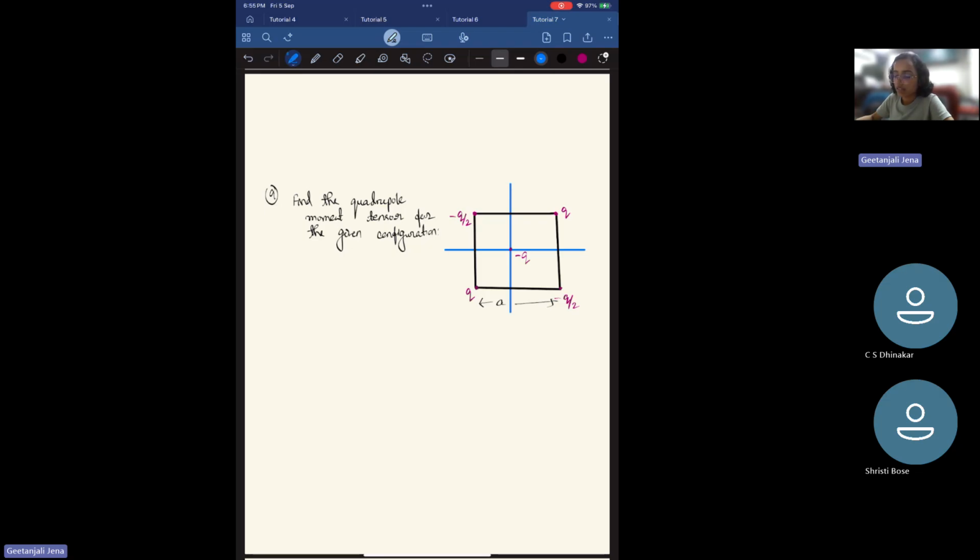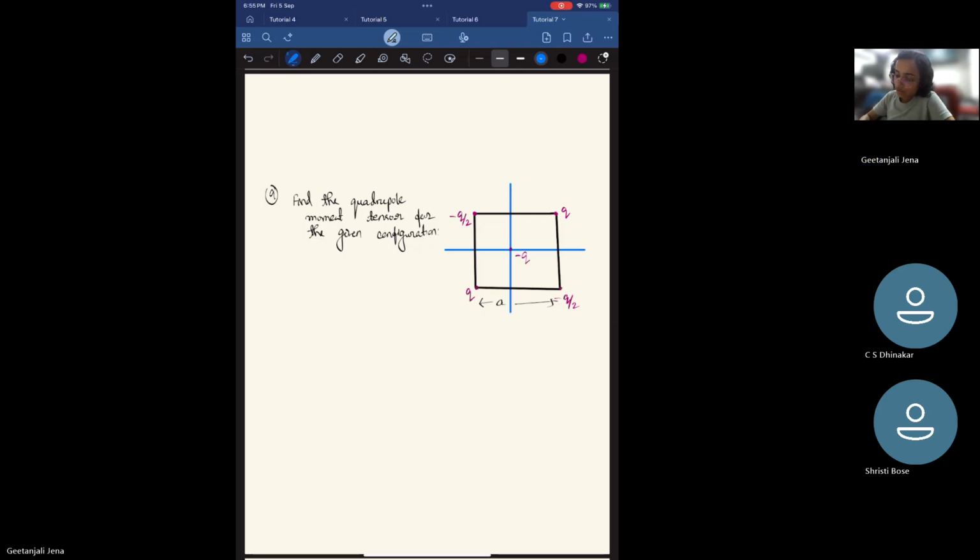Only the quadrupole moment was non-zero, and because of that we use the relation that V is directly proportional to 1 by R cubed. For this problem, you need to calculate the expression for the quadrupole moment tensor. What is the full tensor representation of this configuration for the quadrupole moment?